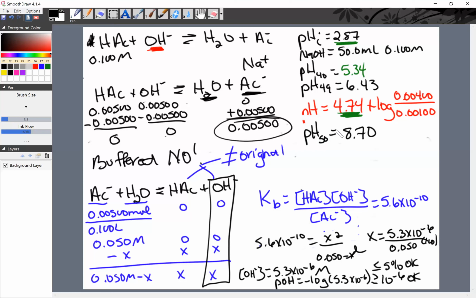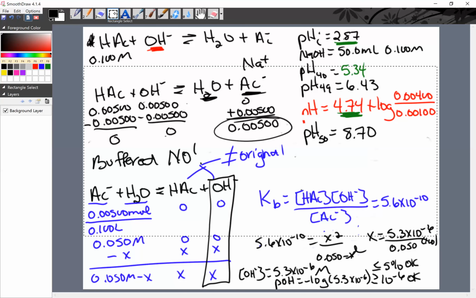Well, what happens if I put too much in? Okay, we call that an overshoot. What if I put an extra milliliter in it? So I need only 50 milliliters, but let's say I accidentally put 51 milliliters in it. That's okay. We can do the exact same problem.